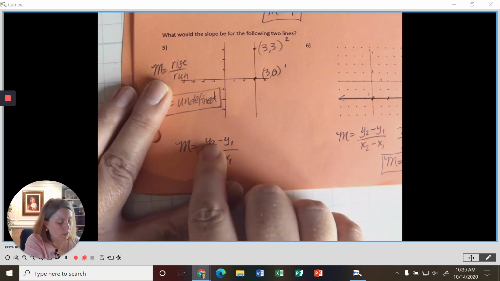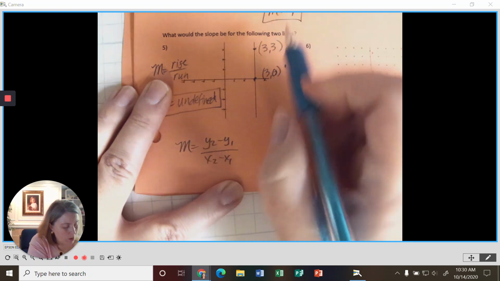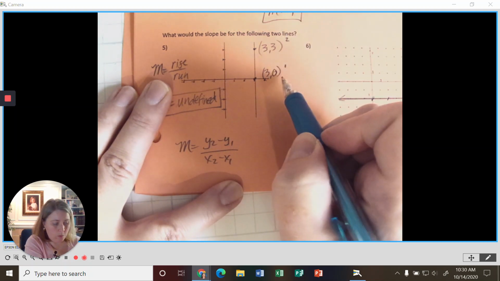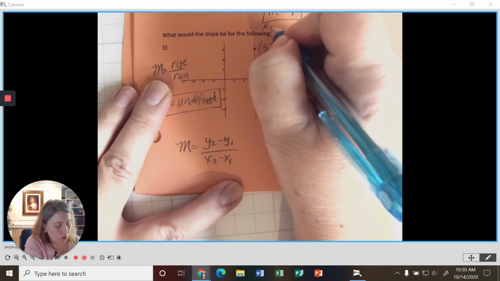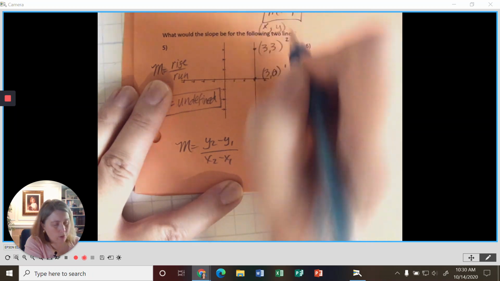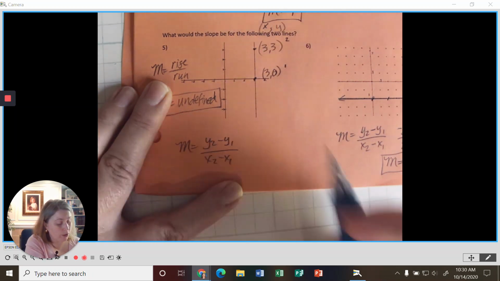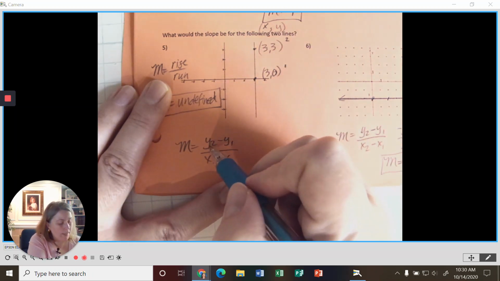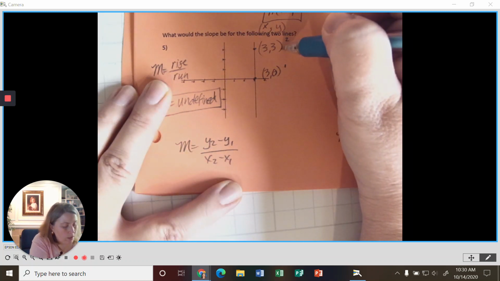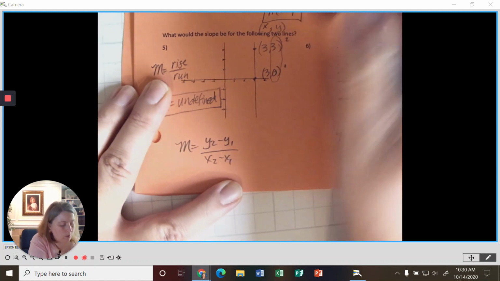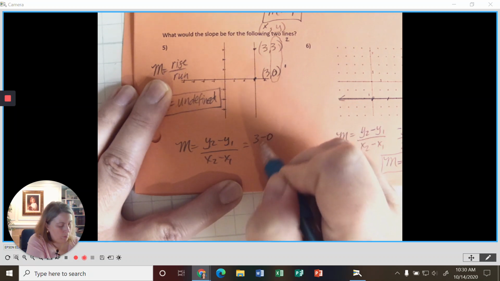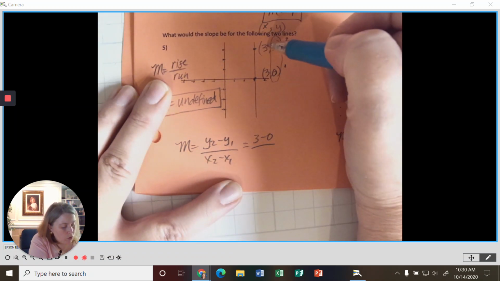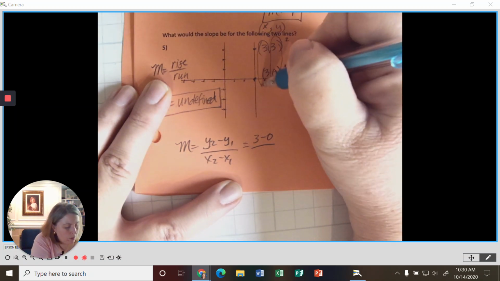These are our y values. Remember, it's x comma y. Sometimes you might need to write those down every time to remind yourself. That's fine. They're alphabetical. So y sub 2 minus y sub 1 is going to be 3 minus 0 over x sub 2 minus x sub 1, 3 minus 3.